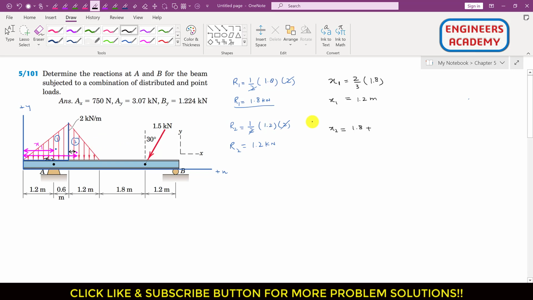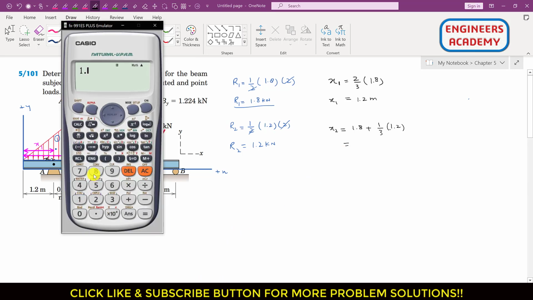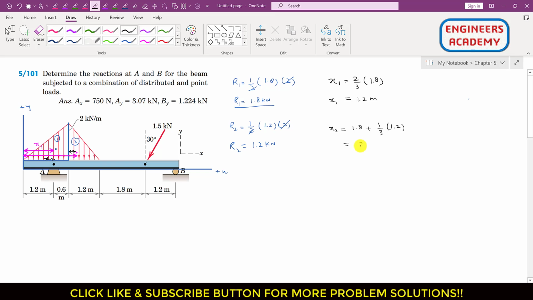So we can say that this is 1.8 plus 1/3 of that base, which is 1.2, right? So this will give us 1.8 plus 1 divided by 3 into 1.2, so this is 2.2 meters, right?